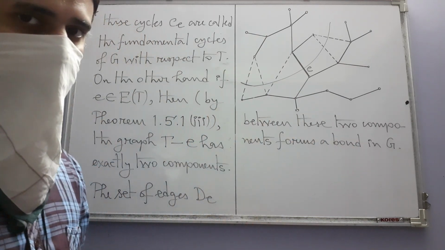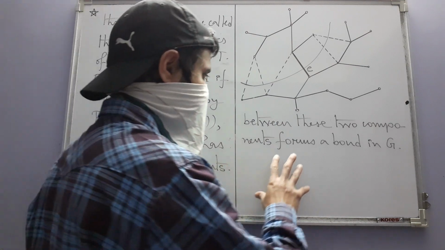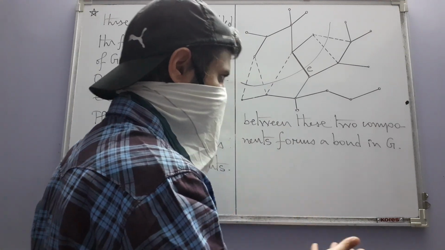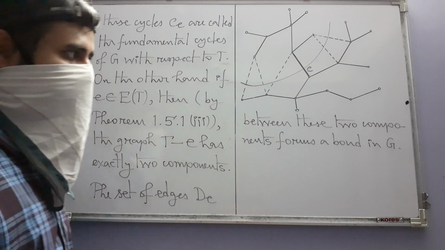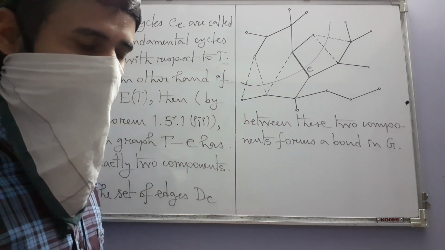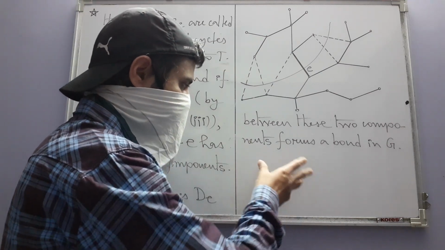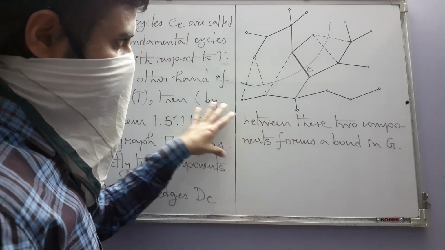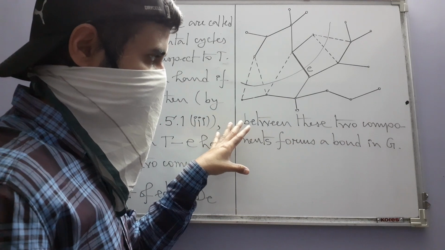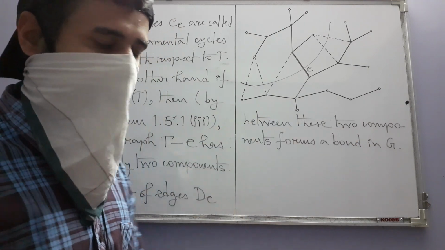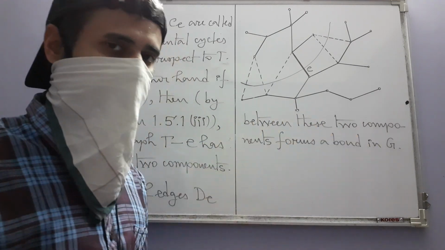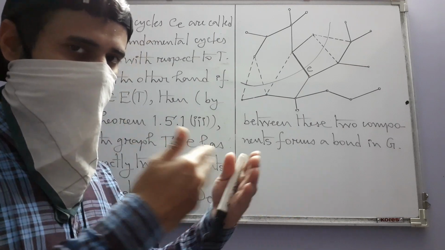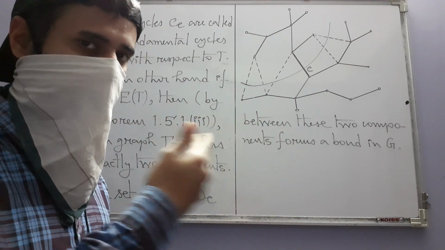Do you recall what bonds are? Bonds are cuts that are minimal, and we have already seen how to recognize bonds. A cut will be a bond if and only if the induced subgraphs, that is, the subgraphs induced by those two partition sets, are both connected. Having a cut means having those two partition sets and then seeing what edges lie between them.